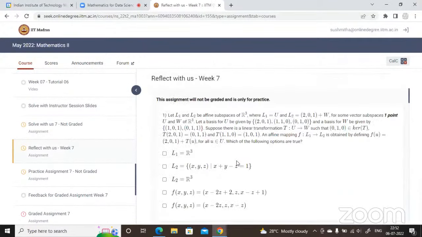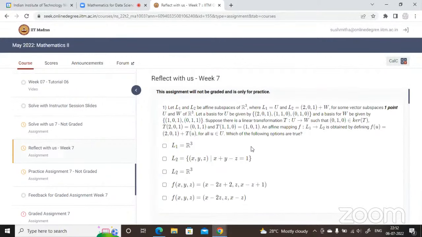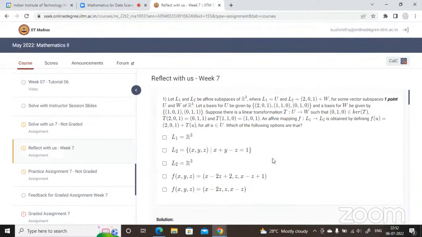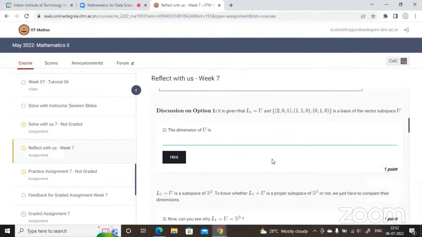Did you watch the live session of week 7? Yes, ma'am. I had explained this problem completely there. Still, I have a doubt regarding why this f(x, y, z) is x minus.